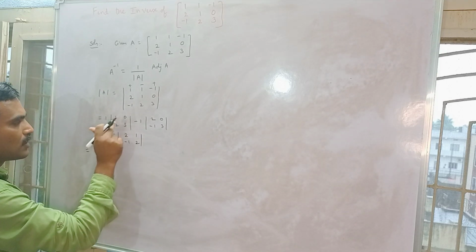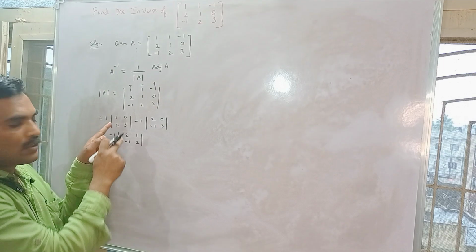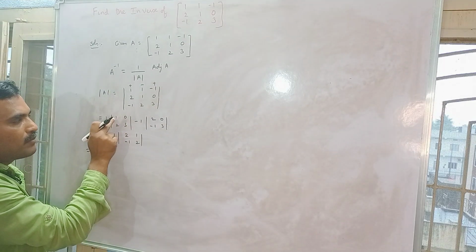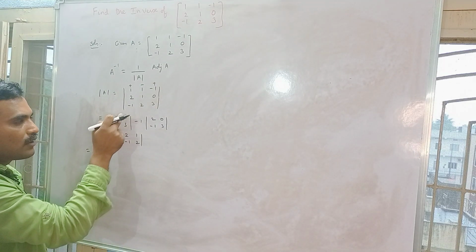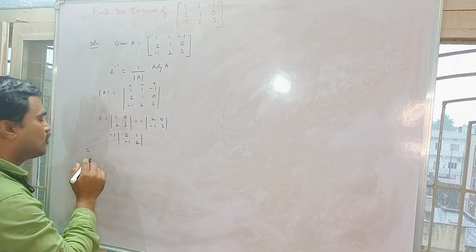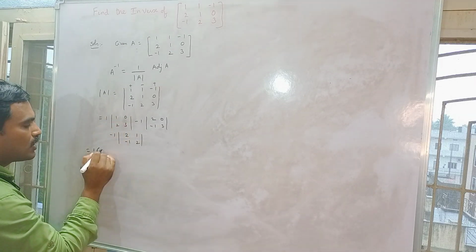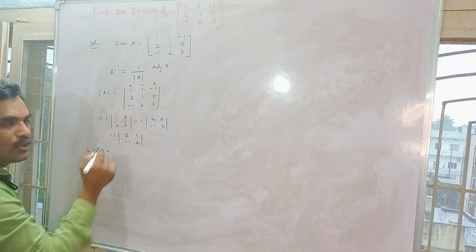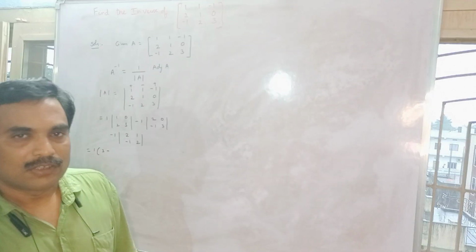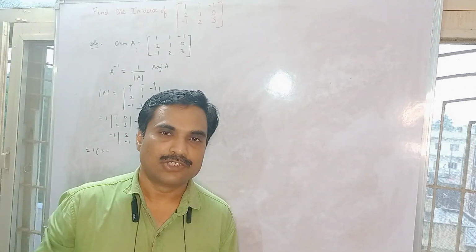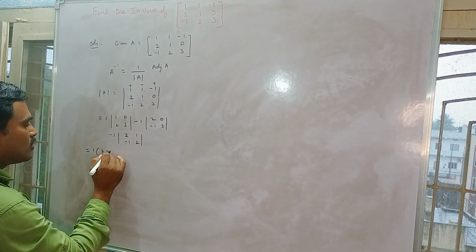Now solve this. First you multiply the main diagonal elements, that is 1 into 3, minus 2 into 0. So 1 into 3 is 3, minus 2 into 0 is 0, because any number multiplied with 0 is 0.